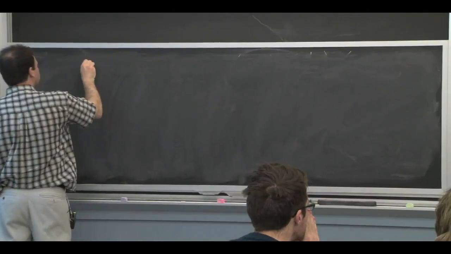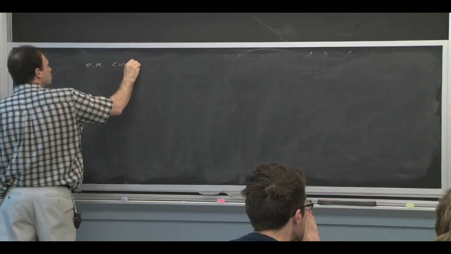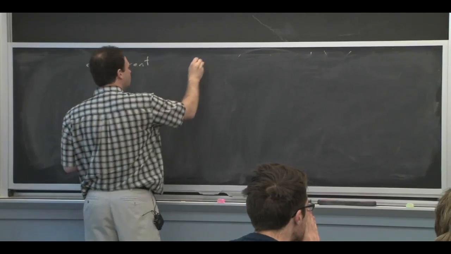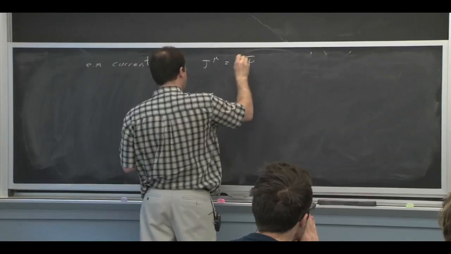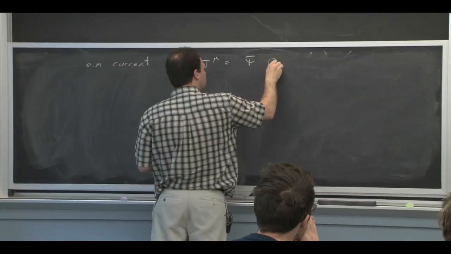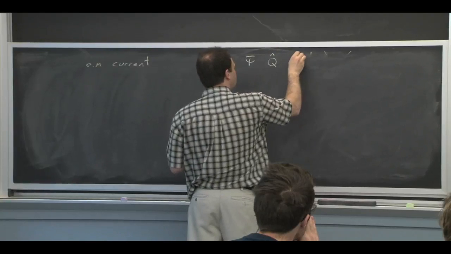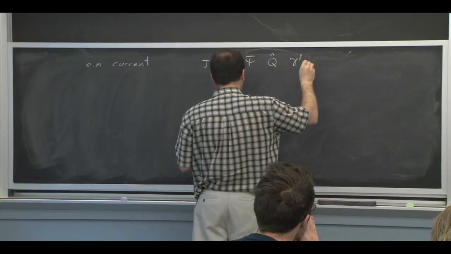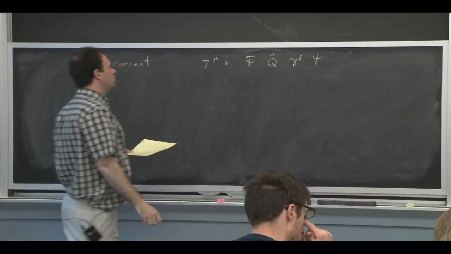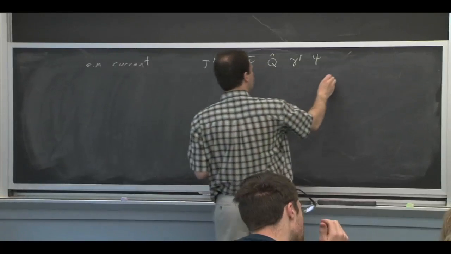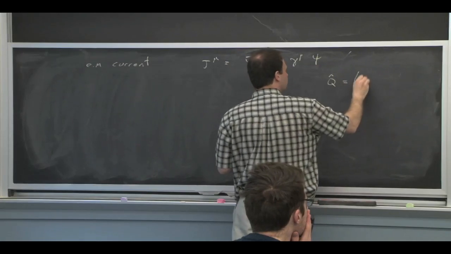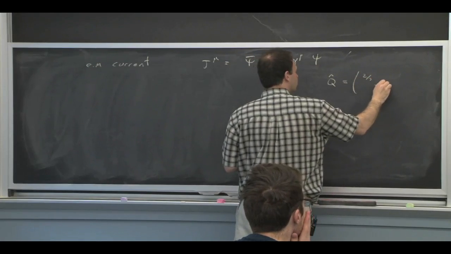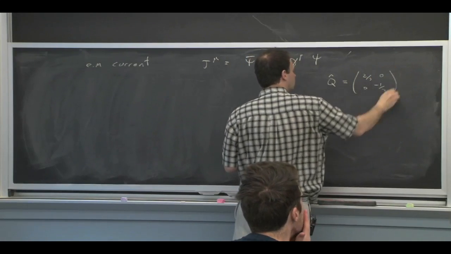Okay, so we have an electromagnetic current. Think about it as up and down quarks for the pion. So there's some matrix in the 2×2 space, which is the charge, which you can write as 2/3, minus 1/3, like that.